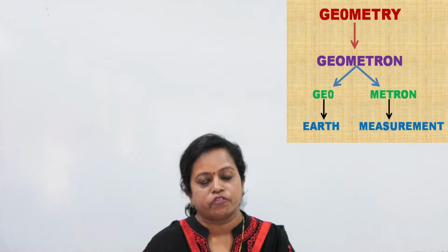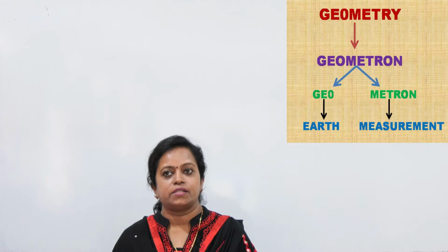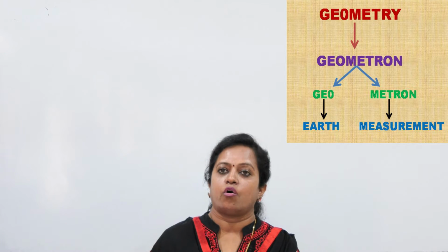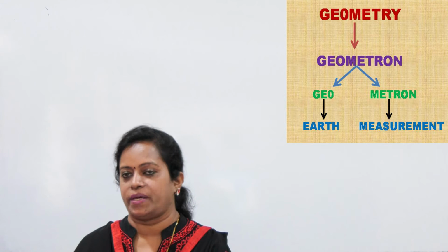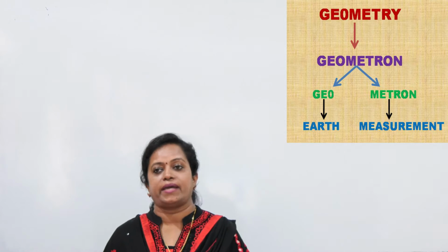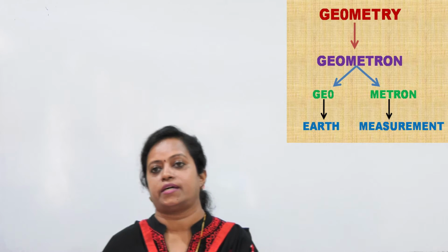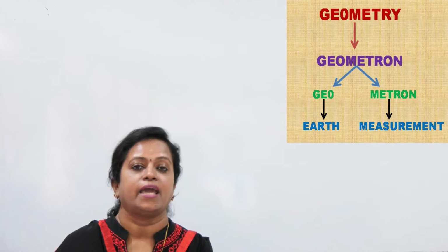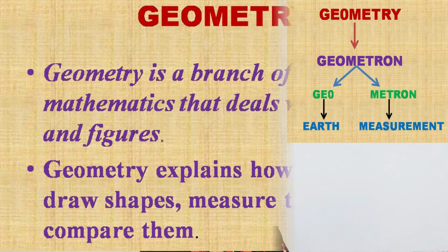So the branch of mathematics which deals with the measurement, comparison of different shapes and figures is referred to as geometry. And this branch of geometry has many wide applications in various fields of architecture, engineering, fashion designing and so on. So let us see what geometry means.